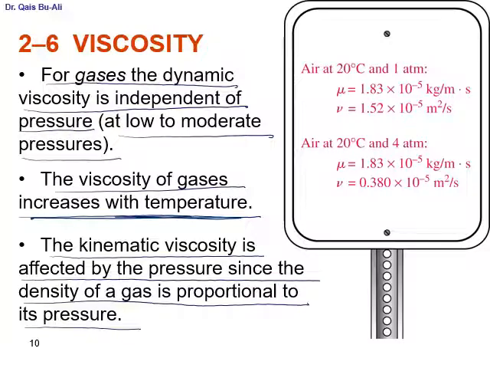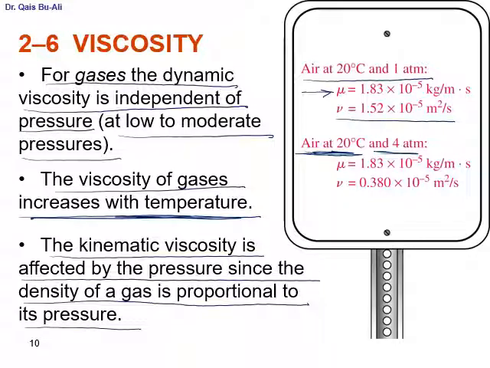Okay, let's look at this figure here. At 20 degrees centigrade and 1 atmosphere, the viscosity of air is 1.83 times 10 to the minus 5 kilogram per meter second, and the kinematic viscosity is that. At the same temperature, 20 degrees centigrade, but now we raise the pressure 4-fold.